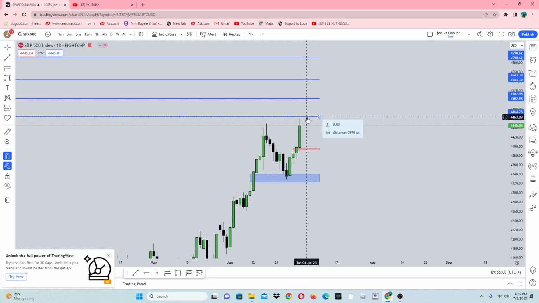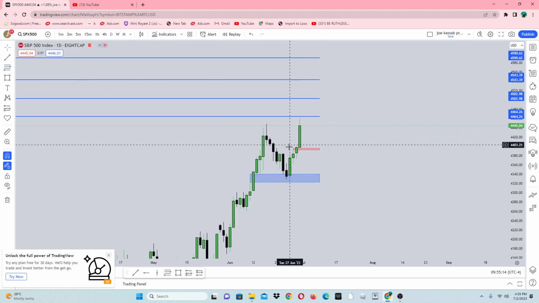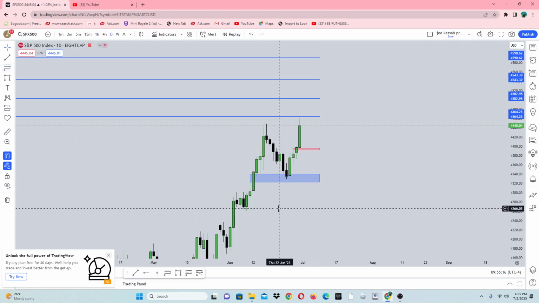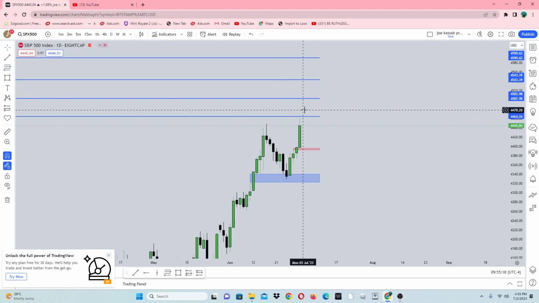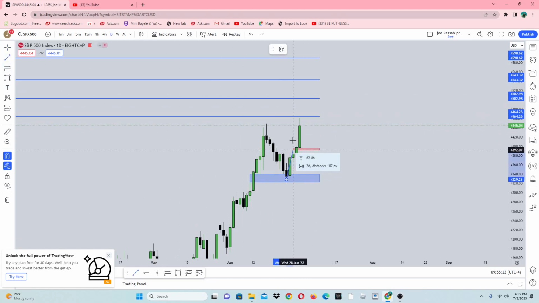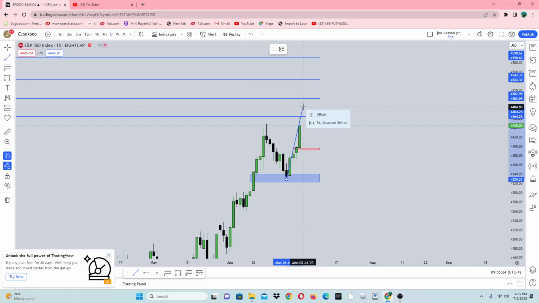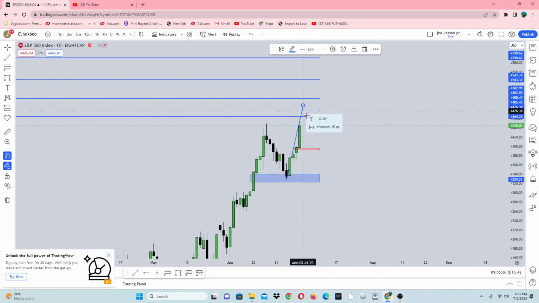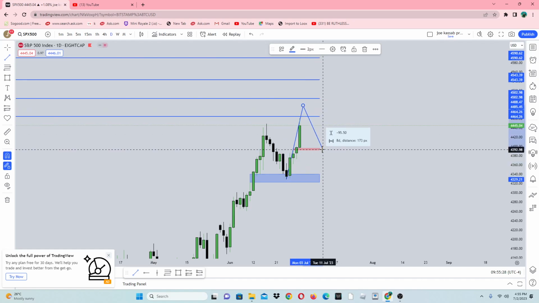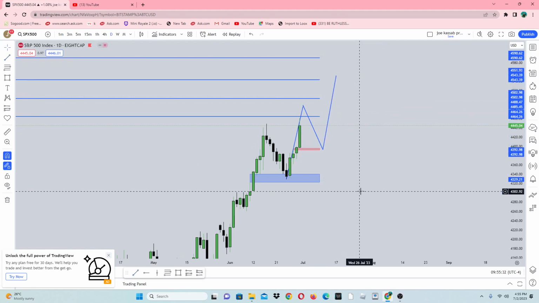Tuesday, I cannot know if it will take Monday's high or if it will form a swing high and retrace below 50% of the daily expansion. So price can do something like this, retrace to the 50% to a PD array, then keep going higher.